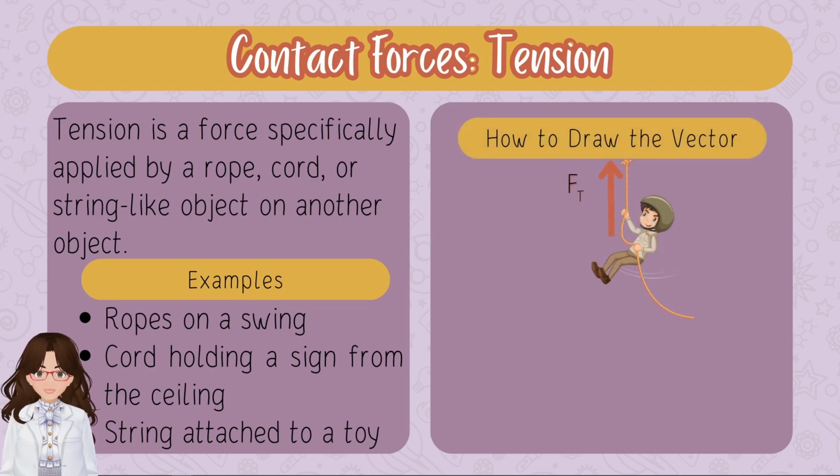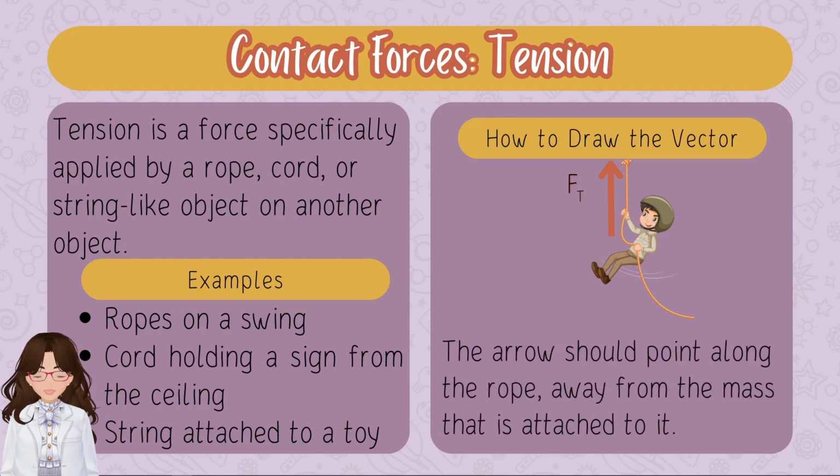How do we draw the vector for tension force? We can see here that tension force is going to point along the rope, and it's going to point away from the mass that it is attached to. So when you're at the bottom of your swing, you can see that this tension force is going to point up towards that spot where the string is attached to a surface.